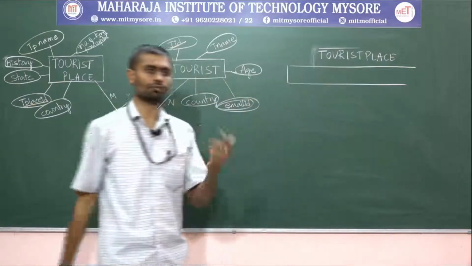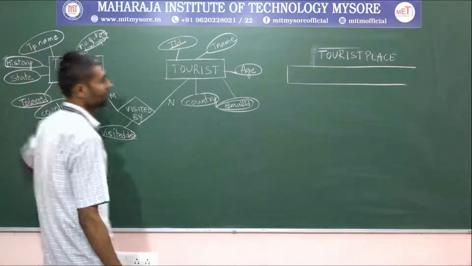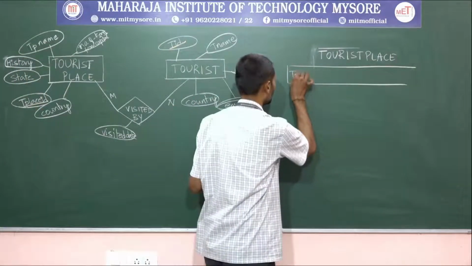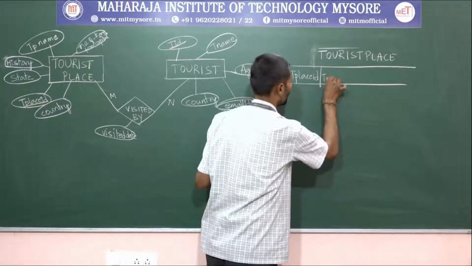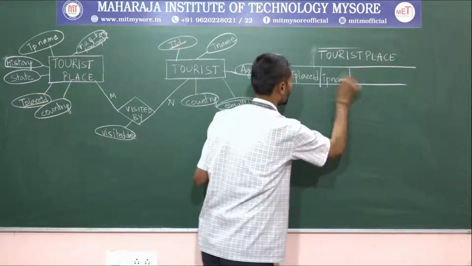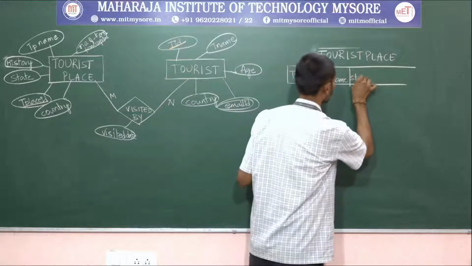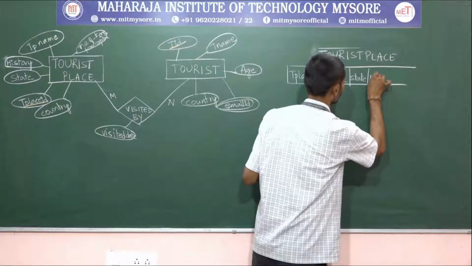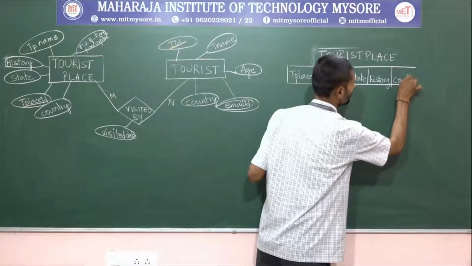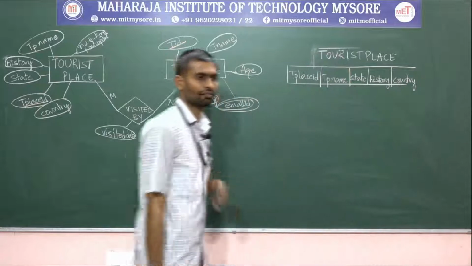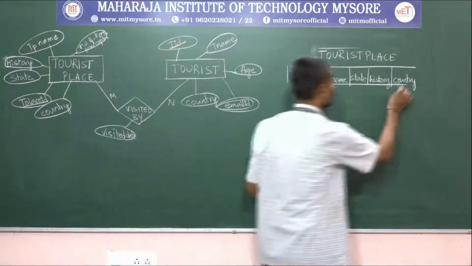Then what are the attributes of this tourist place case? The attributes are what? Tourist place ID, place name, right, those things. Let me go with T place ID, tourist place name. Next what? State, history, and country. Then after that what? We are having the number of kilometers from capital, right?